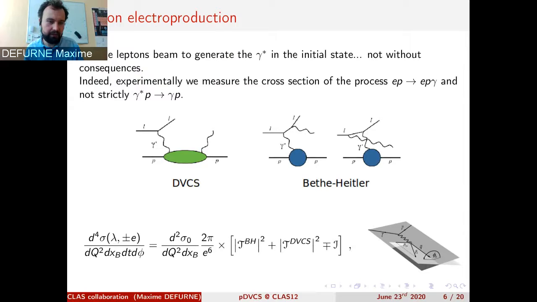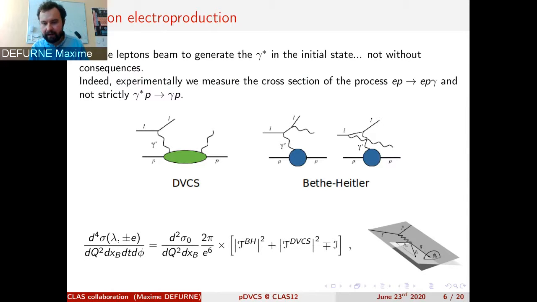Therefore, the cross-section we measure is proportional to the sum of the squared amplitudes of both processes plus an interference term. I will introduce the last kinematic variable, which is an angle called the angle phi. You can see a drawing on the bottom right of the slide.